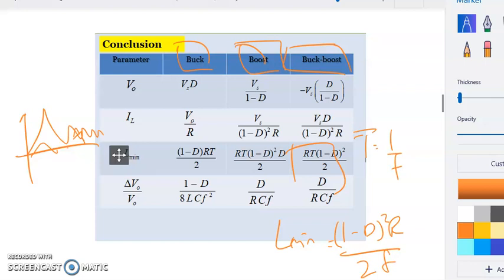So you can rewrite this: L min for buck-boost, same goes for the other converters as well, is (1 minus D) squared times R divided by 2f, because T is equal to 1 over f. In a converter we usually are given the switching frequency, so you just use f here instead of converting into T. And this is your ripple voltage. So you want to find out your duty cycle and your other parameters. This is the basic equation extracted from the syllabus that we have learned so far.